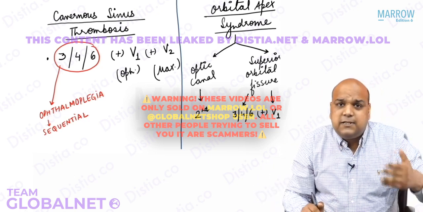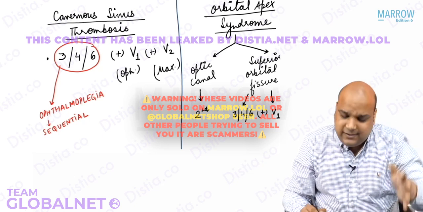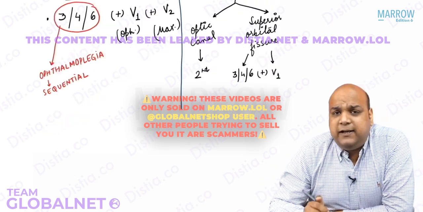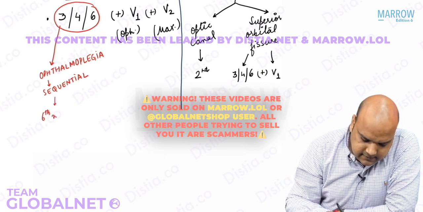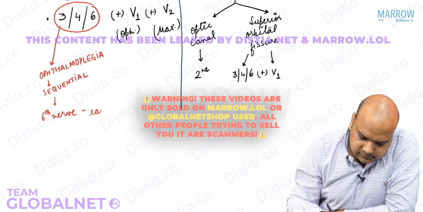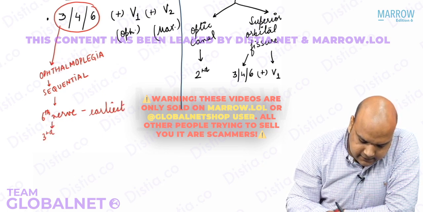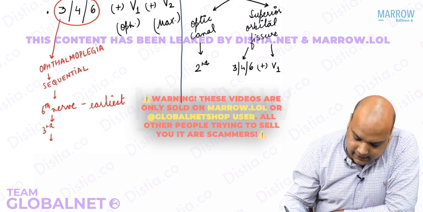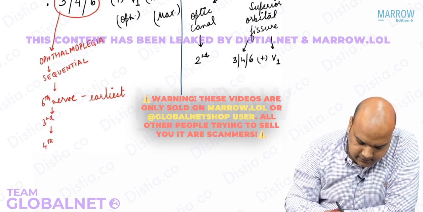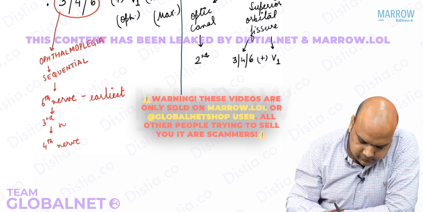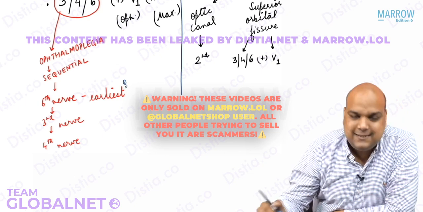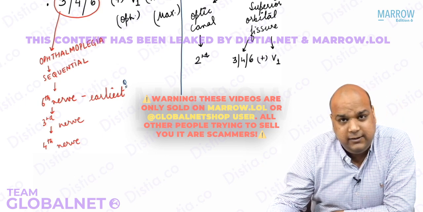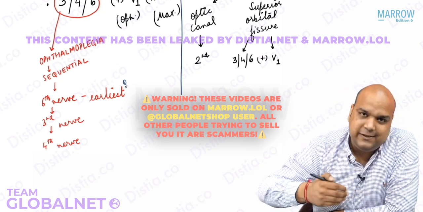So the question comes, which is the earliest nerve to be affected? The earliest nerve to be affected in cavernous sinus thrombosis is always the sixth nerve, followed by the third nerve, then at last followed by the fourth nerve. Okay? So we have a question here, number 1, that the sixth nerve is the earliest affected. There will be ophthalmoplegia, but sequential.